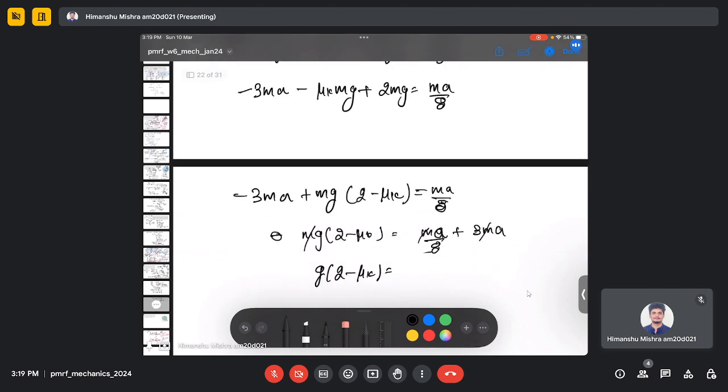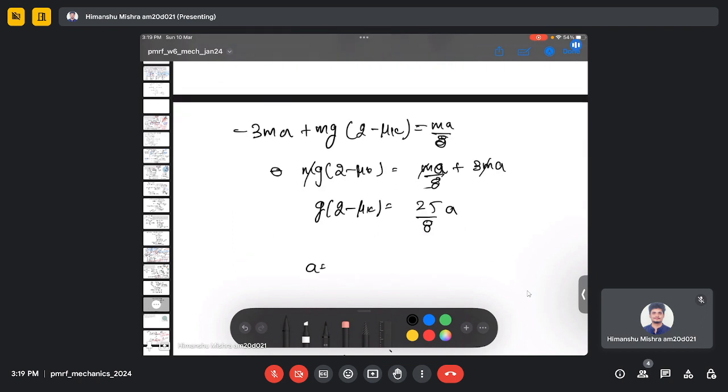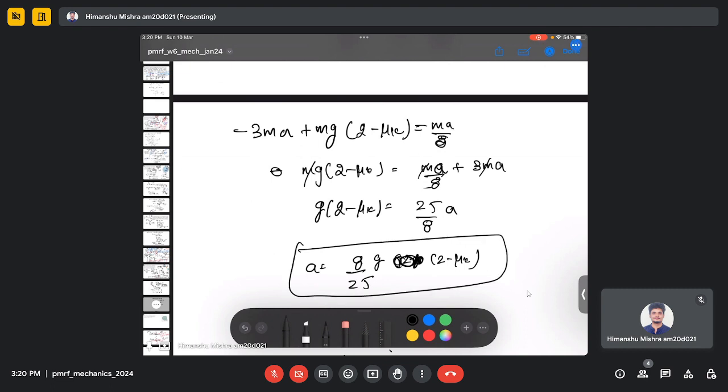This should equal 25 by 8 A. So my acceleration will be 8 by 25 g times 2 minus mu K. So this is my acceleration.